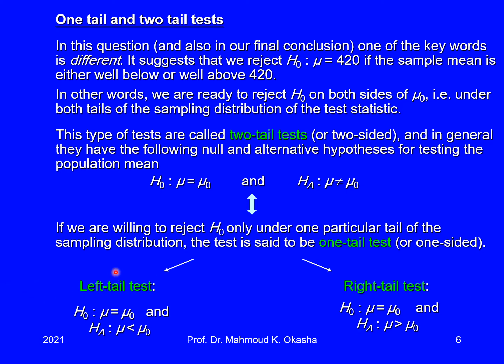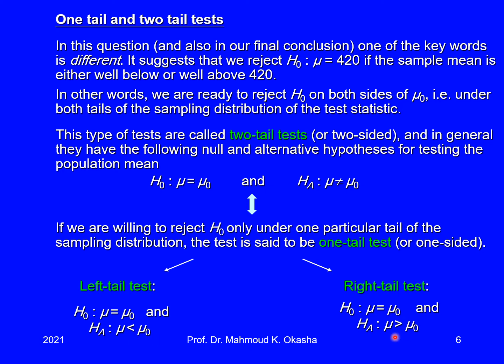The not-equal case we call a two-sided or two-tailed test. When mu is less than mu naught, we call it a left-tail test, because the rejection region is on the left, the small values, mu less than mu naught.